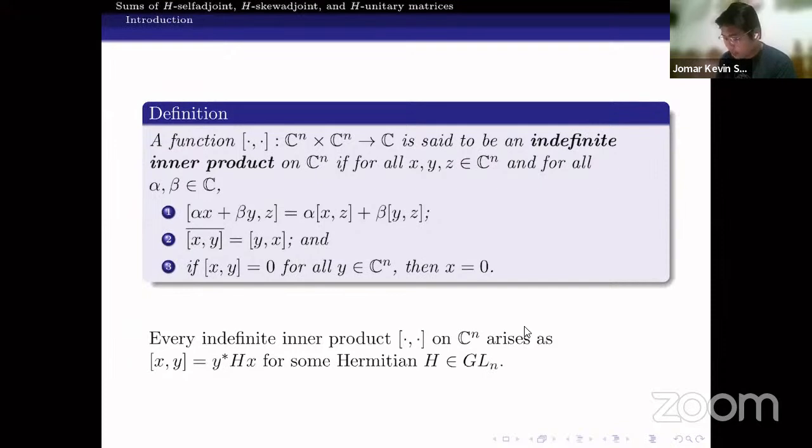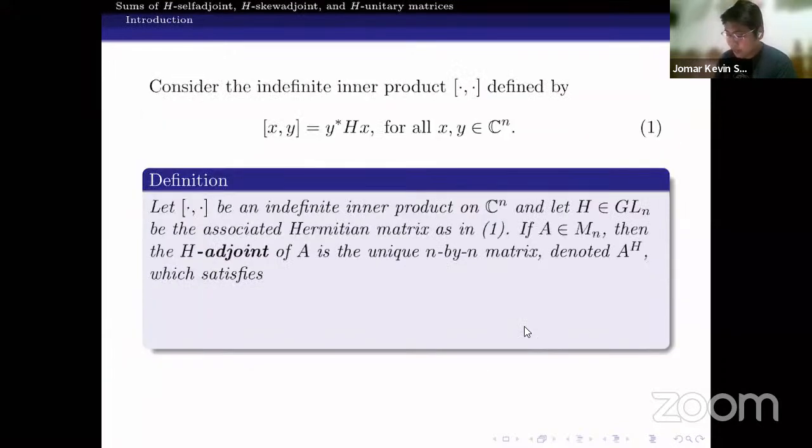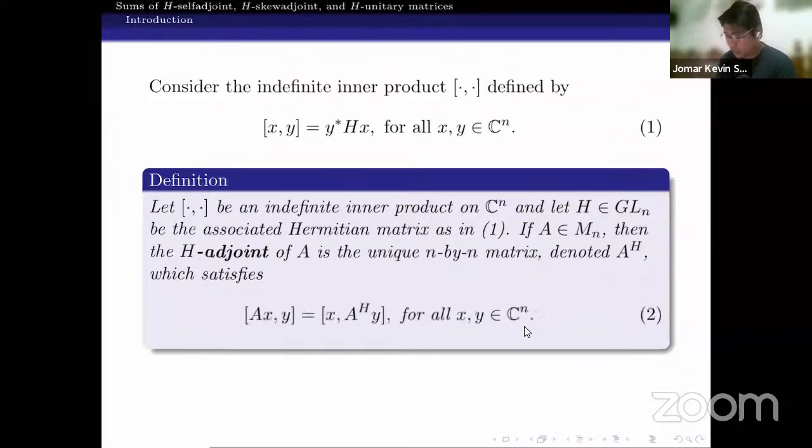So this indefinite inner product, we will use it to define what we call the H adjoint of a matrix A. Suppose A is a square matrix, then the H adjoint of A is the unique n by n matrix denoted by A to the H, which satisfies the following equation: the indefinite inner product of Ax and y equals the indefinite inner product of x and A to the H times y for all x and y.